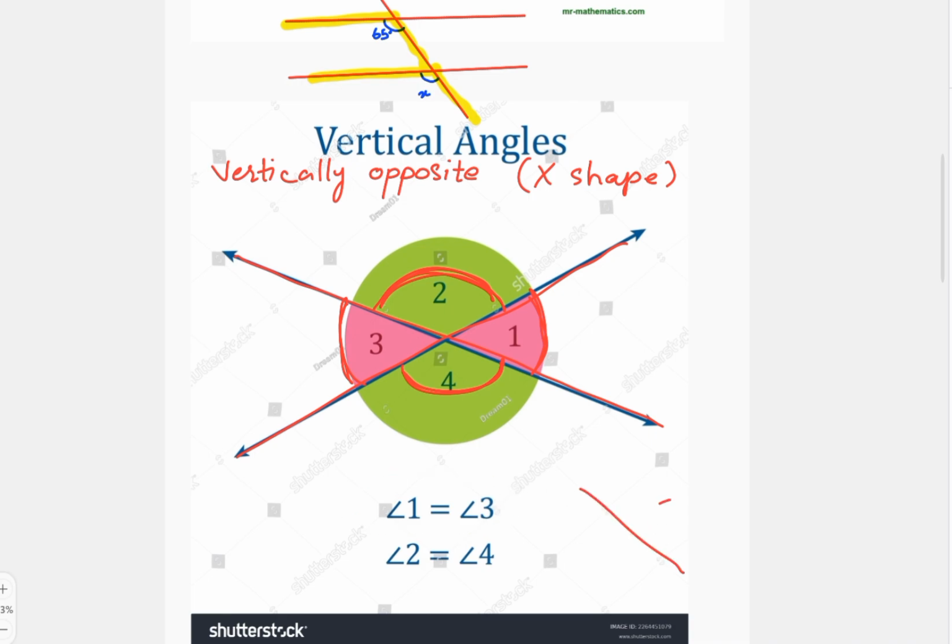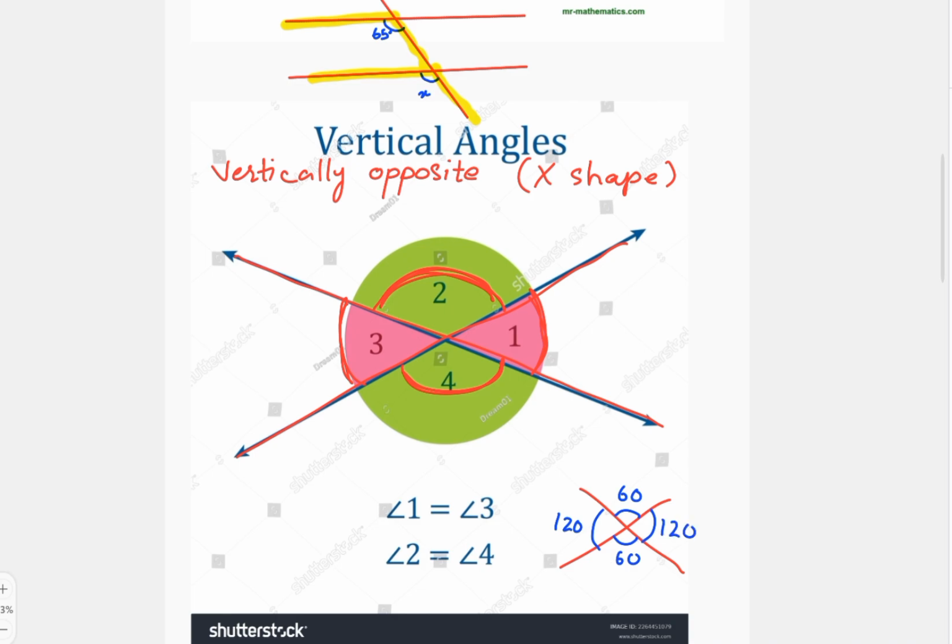So let me try it here so you could see clearly. This is the X shape. We call them the vertically opposite angles. This one and this one, these two are vertically opposite. So if this one is, let's say, 60, this one would also be 60, right? Now, if the left angle is 120, the right angle will also be 120.